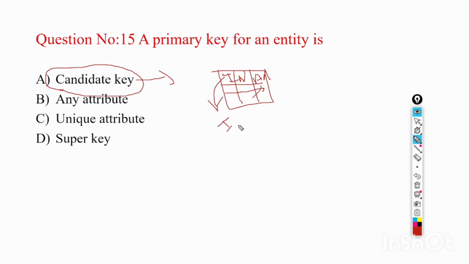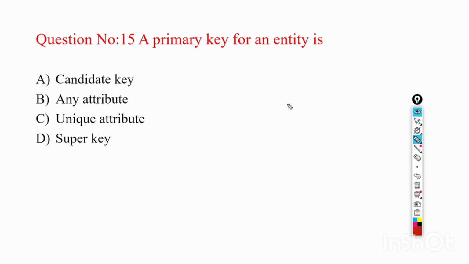For example, if student ID, student name, and student address are there, and you know the student ID, we can find out the name and address through the ID. So what uniquely identifies the row? The student ID, and that we call a candidate key. Then we select the primary key from the candidate key.